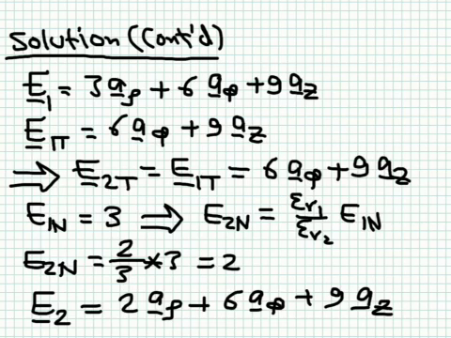So now we can tell that the second field, E2, has a component of 2 in the rho direction, and the phi and z components are unchanged. So this is a new expression for the electric field inside the second dielectric with epsilon equal to epsilon 2.